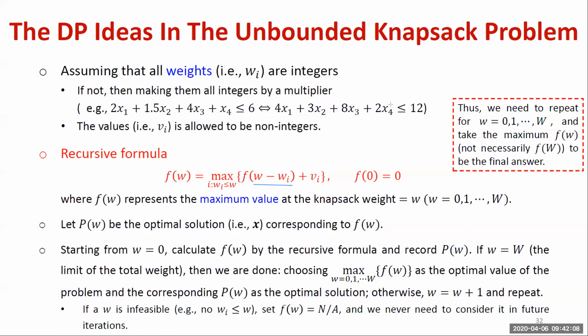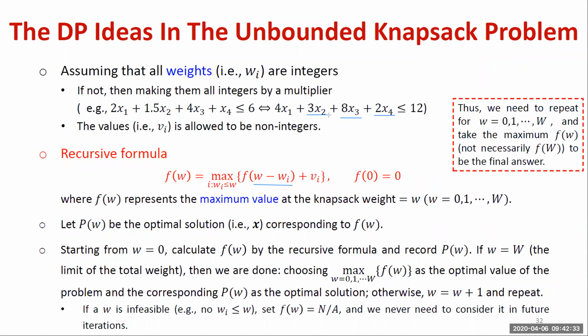In order to get to 10, I can either add one item X4, so that I can go from F8 to F10, because the weight of item 4 is 2. Or I can go from item 3 by adding 1 unit of item 3, so that I go from F2 plus 8 to F10.